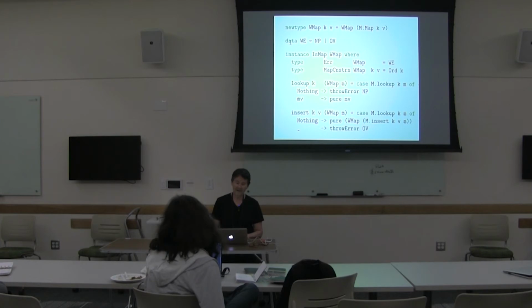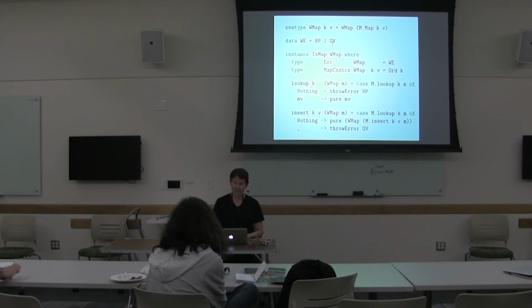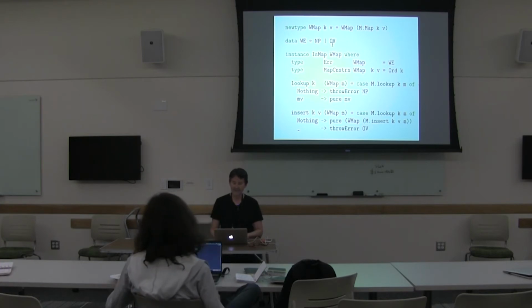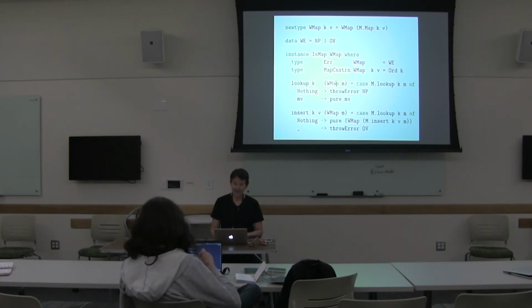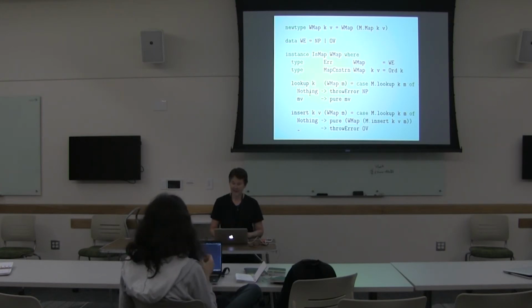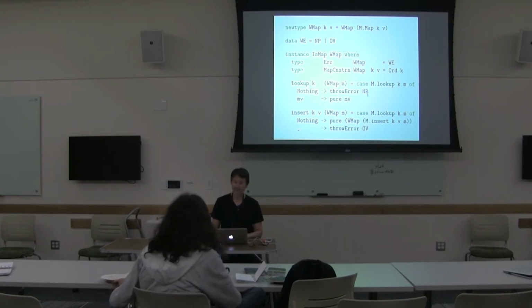And then I define this data called WE, meaning weird error. And WMap means weird map. So NP means not present, and OV is overwrite. So all this is saying is when I'm doing a lookup, when there's nothing there, rather than returning nothing, I'm going to throw an error.